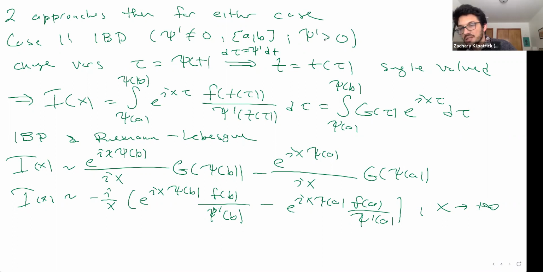So you can make this assumption without loss of generality. It'll work in a monotone decreasing case as well. So that's not that new as far as what we've discussed so far in this lecture. Now let's talk about case 2, which is going to be our method of stationary phase.